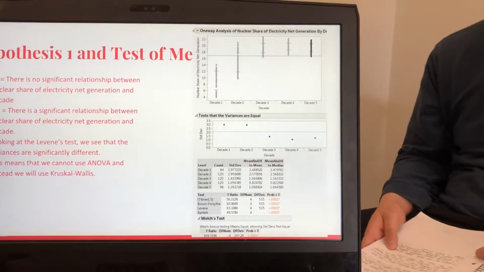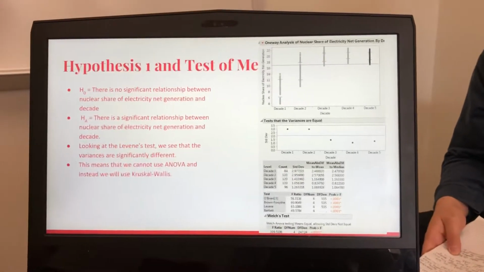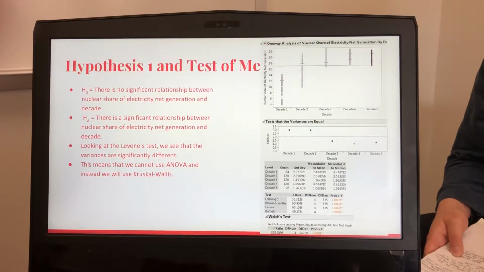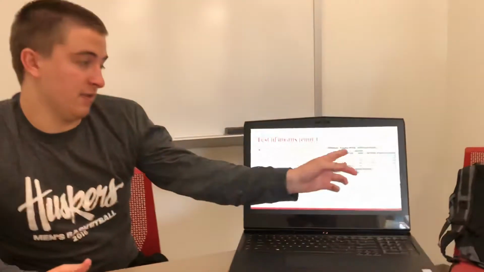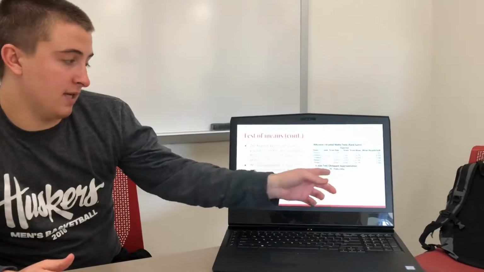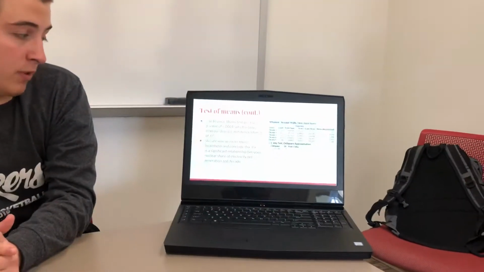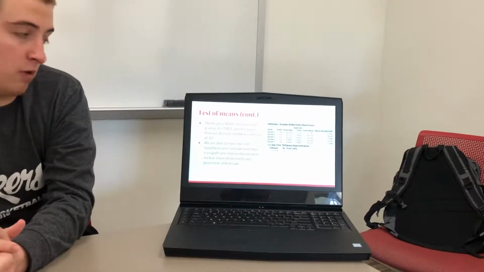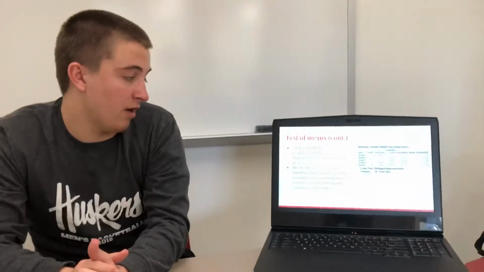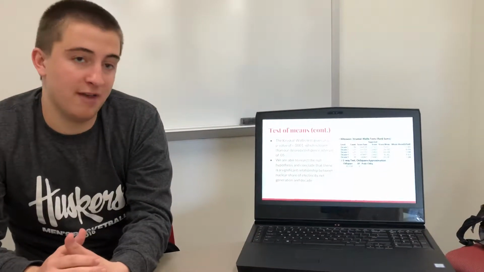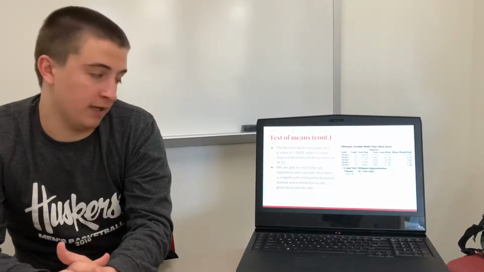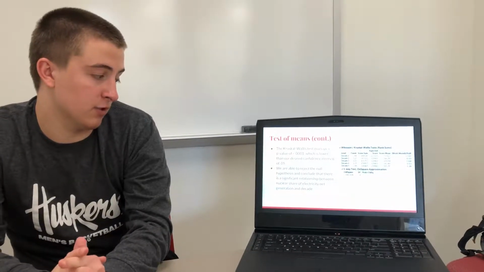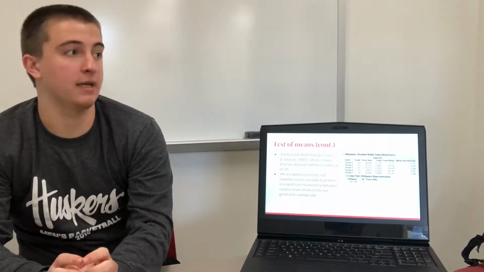Due to that, we cannot use ANOVA and must use Kruskal-Wallis to see if there is a significant difference. Based on this figure, the Kruskal-Wallis test gives us a p-value of less than 0.0001, which is lower than our desired significance level of 0.05. Using that value, we reject the null hypothesis and conclude that there is a significant relationship between nuclear share of electricity net generation and decade.